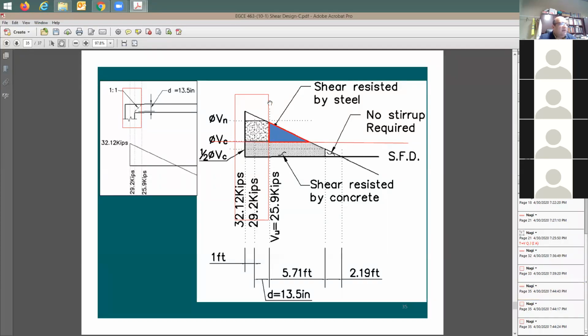And everything that you have here on the left-hand side or within this box is going to be taken by the concrete and the haunch and this piece. This blue triangle is going to be whatever that you are resisting here by steel. This is going to be the shear resisted by steel. You need to cover this triangular shape of this diagram by the steel. This makes sense.